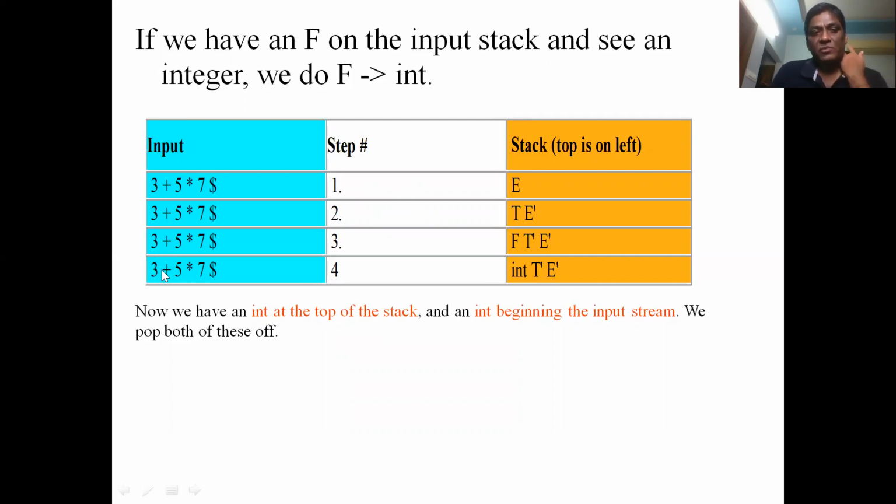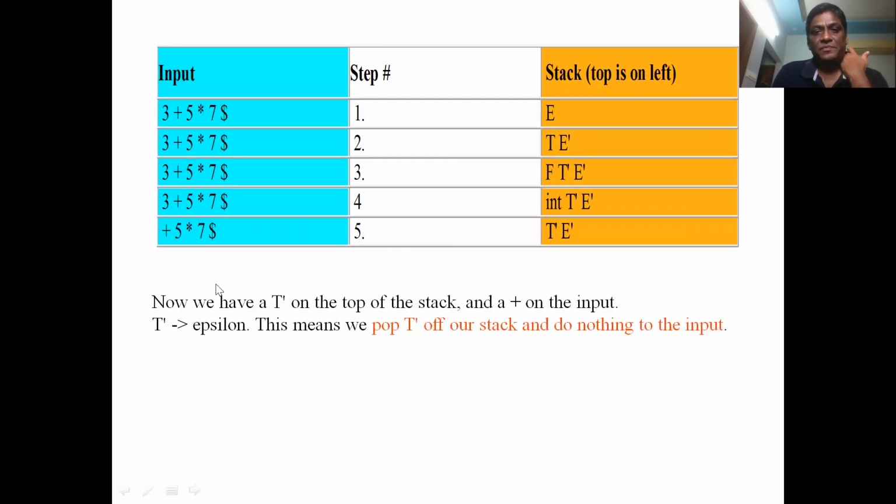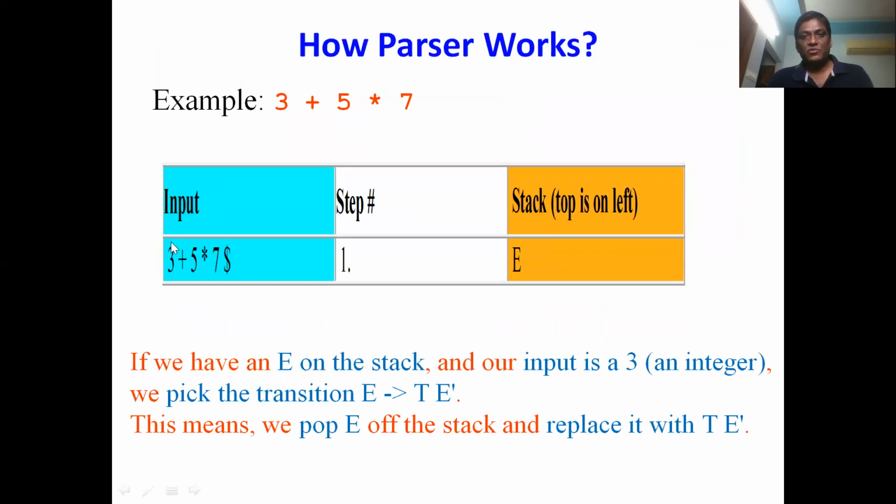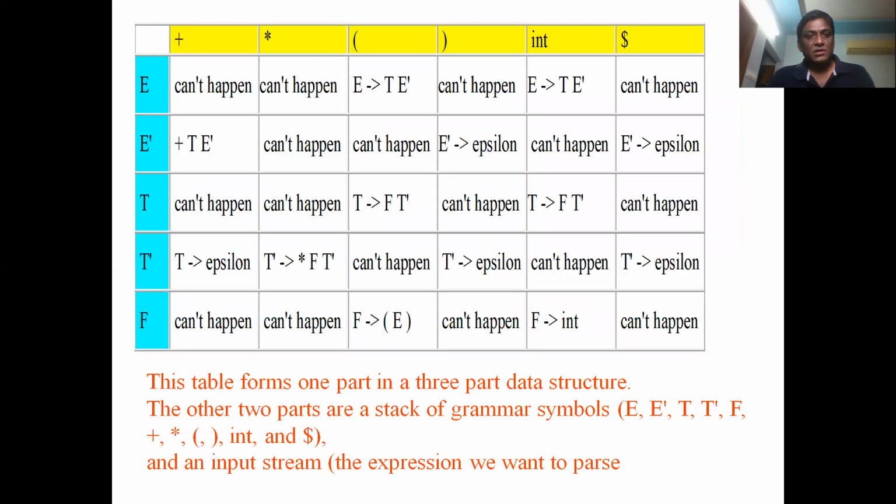And we parse the remaining string. What remains is T dash E dash, and then plus 5 star 7 in the input. Now we look for T dash on plus. What is T dash on plus?